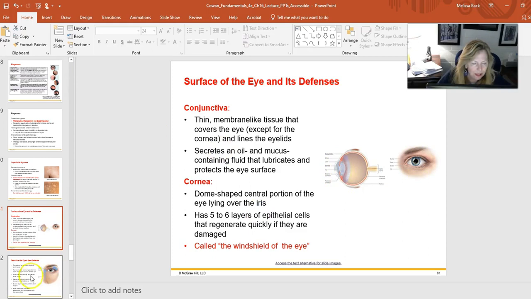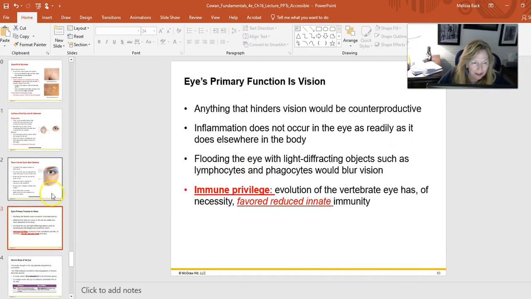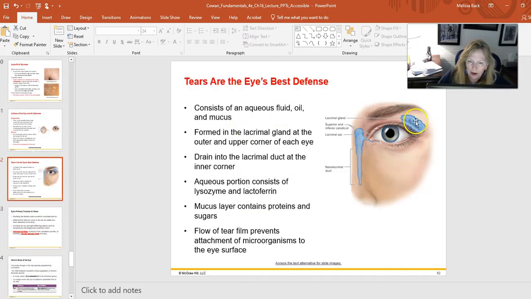There are so many built-in protections. We secrete aqueous fluids, oil, and mucus that have antimicrobial enzymes. Our biggest defense is actually our tears, continually produced by the lacrimal glands, washing across the eye.